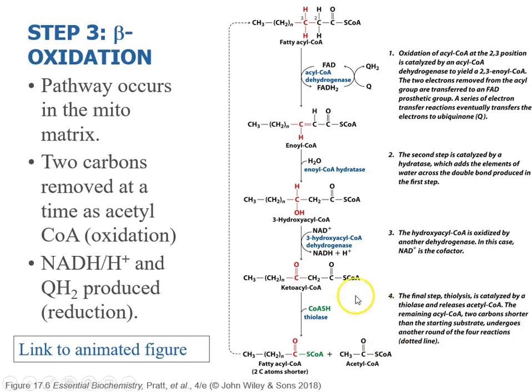But what it doesn't show, if I go back to my PowerPoint, is that remember, we formed an NADH here as well. So that goes into electron transport too. So I don't know why the video doesn't show it, but it doesn't. So anyway, every time you go through one cycle of beta oxidation, you clip off 2 carbons to form acetyl-CoA, and you get 1 FADH2 and 1 NADH, and both of those go into the electron transport chain.